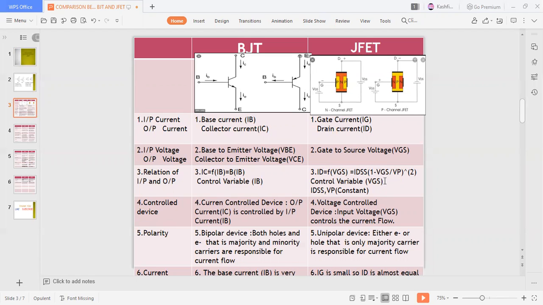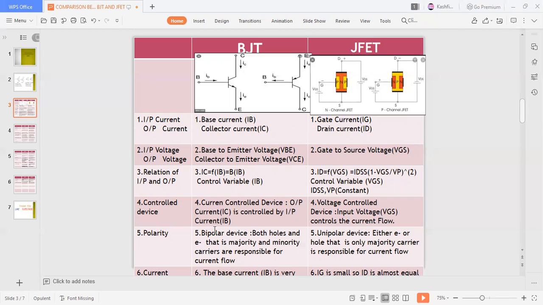If we change the value of VGS, then the value of ID will also be changed. Now control device. The BJT is a current control device because the output current IC is controlled by the input current IB. But JFET is a voltage control device because the input voltage VGS controls the current flow.